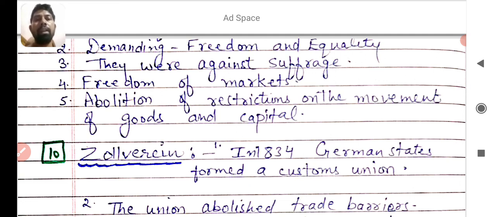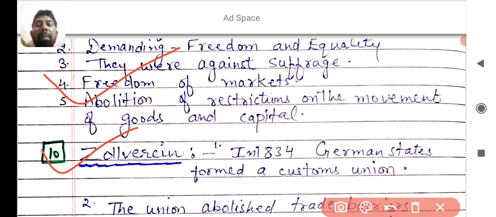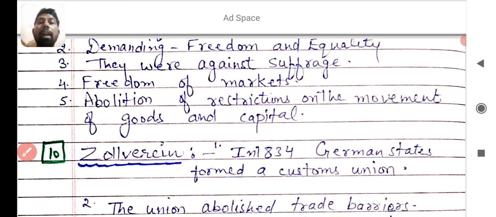That's why in 1834 German states formed a customs union, and this customs union was known as Zollverein. There will be an objective type question in the exam: what do you mean by Zollverein? Zollverein means in 1834 German states formed a customs union to simplify the weighing and measurement systems. They made a union and this union was known as Zollverein.